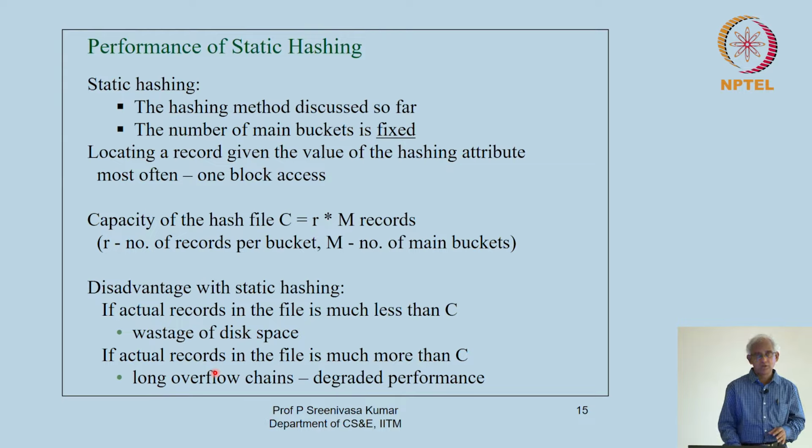So we have to look at organizations that can help us grow the file or shrink the file, where the organization can adjust itself but still give you good performance. That's another aspect we will see: if the file is not a static file, but keeps growing and shrinking, how do we organize it?